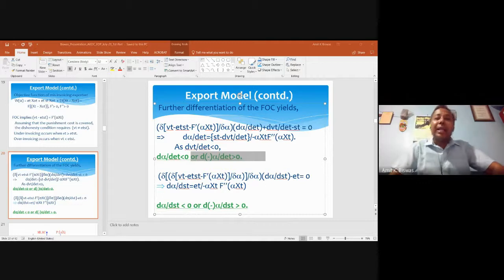So I'll lower the rate of underreporting. Previously, Tanushree was underreporting 200. She was reporting 800. Now perhaps she would be reporting 900, and her underreporting value has fallen from 200 to 100. This is for small et.